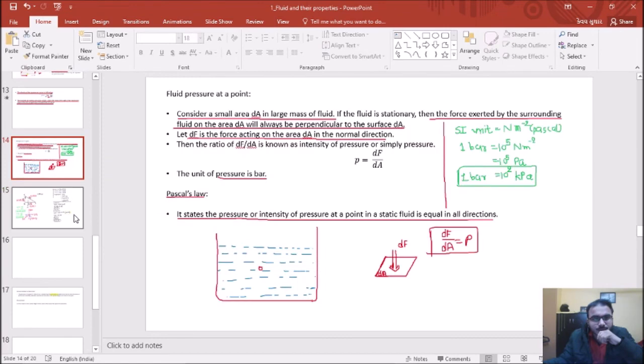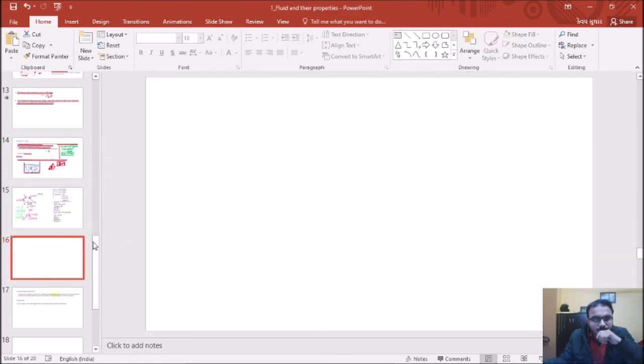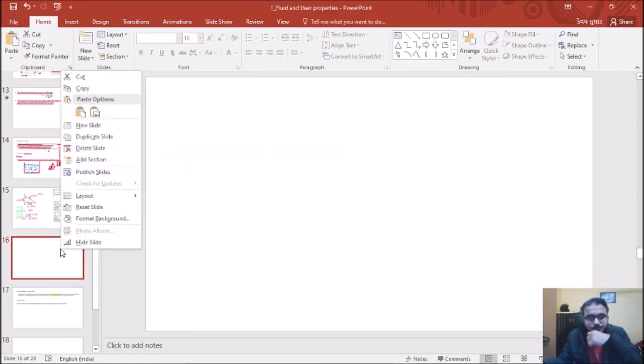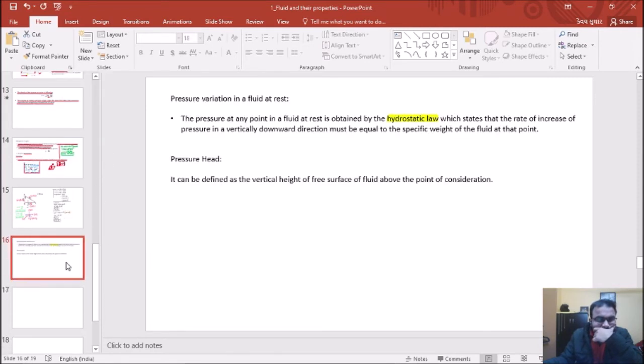So we have proved the Pascal's law here. Now our next theory is pressure variation in fluid at rest.